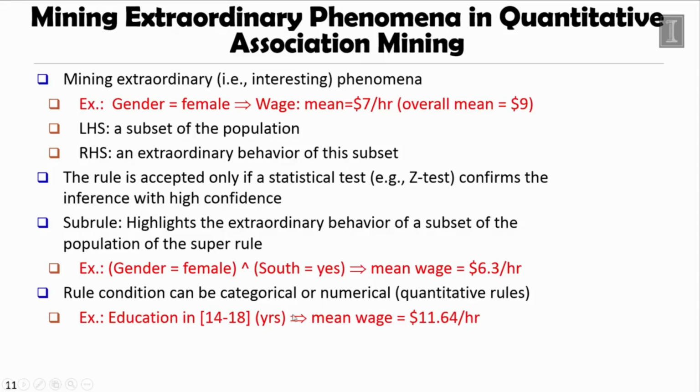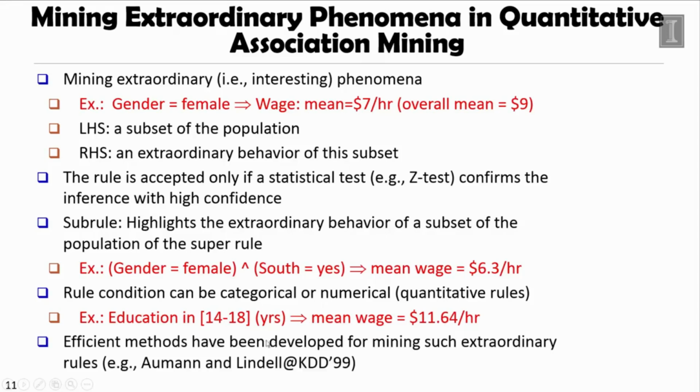So that may form another interesting quantitative rule. Efficient methods actually have been developed to mine such extraordinary rules. For example, one research paper published by Aumann and Lindell at KDD 99 is a very interesting case study, or a very interesting algorithm.